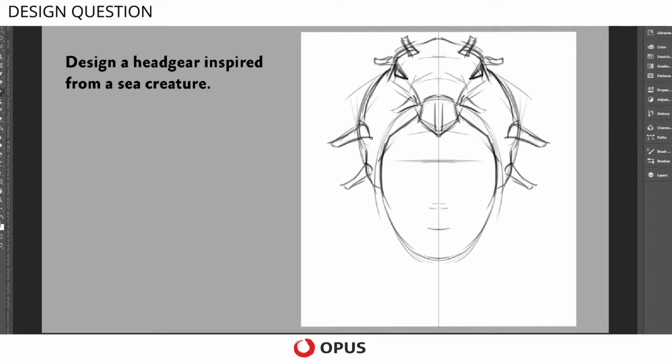So you cannot actually make the exact structure, but you have to somehow morph the face of the sea creature and the structure of a helmet that can act like a headgear.